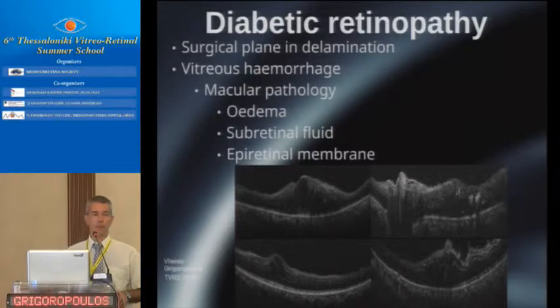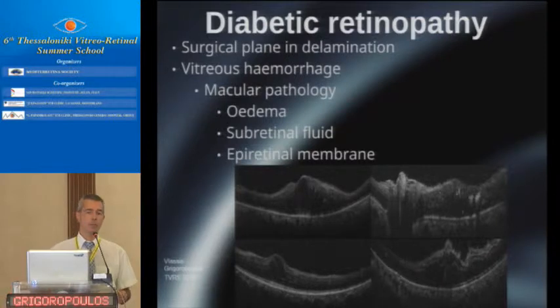Or imagine you have a patient with a vitreous hemorrhage. That's very simple for a vitreoretinal surgeon. You do the surgery, you clear the vitreous cavity, you clear the vitreous, and you have a reasonably good fundus at the back. You close the eye, you see the patient the next day and in a week, and you see that there is epiretinal membrane on the fovea, and the patient doesn't get good vision.